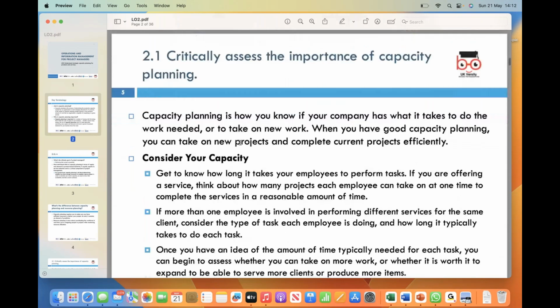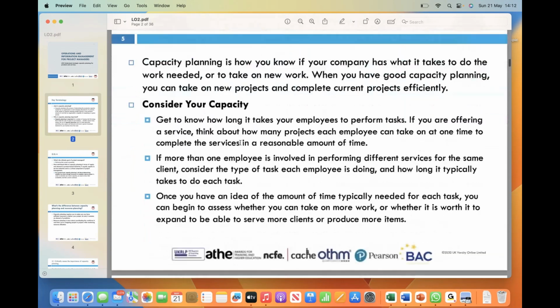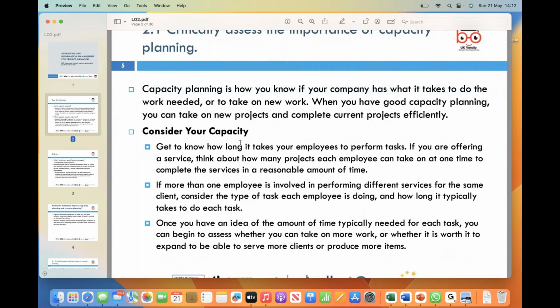For a service-based business, it is essential to consider the number of projects each employee can handle, maintaining reasonable timelines for service completion. So this knowledge helps you determine if your organization can take on additional projects without overburdening your employees or compromising the quality of deliverables.